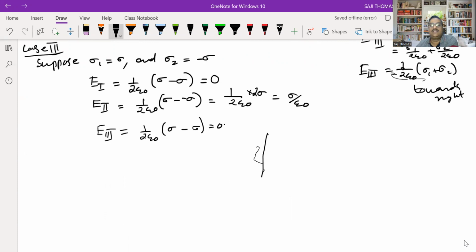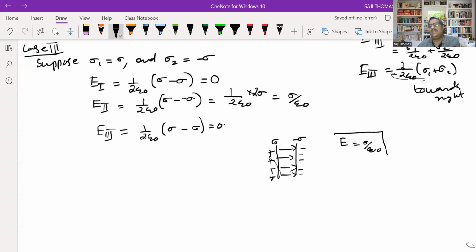So this is the positive metal plate, this is the negative metal plate, with opposite charge densities, plus sigma and minus sigma. There will be electric field in this direction. What is the electric field equation? Sigma by epsilon 0. So in this way, we can create a uniform electric field between two metal plates.